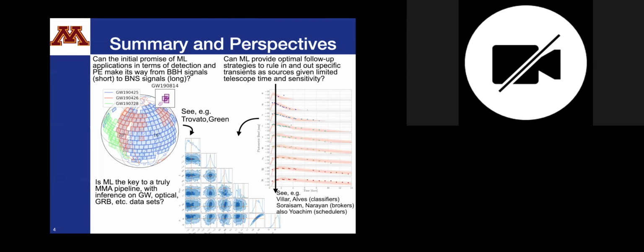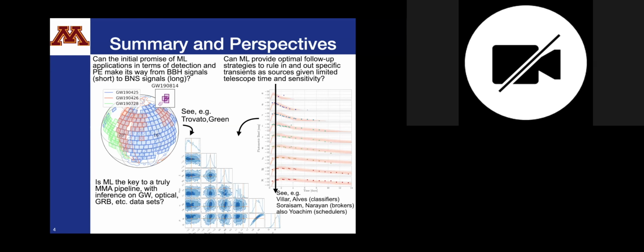It can take many hours to days, and it's already been shown by even some of the people who are giving talks today that using binary black hole signals combined with machine learning applications, inference can be sped up by literally orders of magnitude.